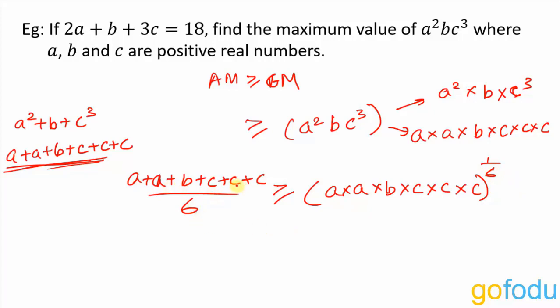This sum is 18, right? 18 upon 6 is 3. I'll take whole power 6 on both the sides because I want to get rid of this 1 by 6. So 3 raised to power 6 will be greater than or equal to A square into B into C cube. So maximum value of this product is 3 to the power 6 or 729.